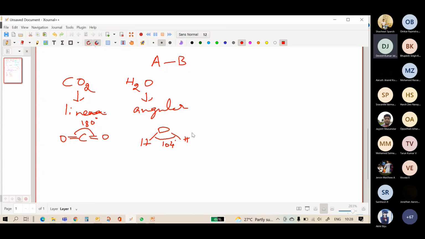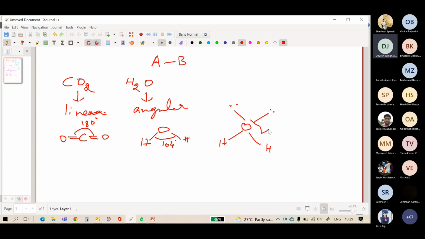Okay, but we know from VSEPR theory that around oxygen you have two lone pairs and two bonded pairs, right? And they are arranged in the shape of a regular tetrahedron.